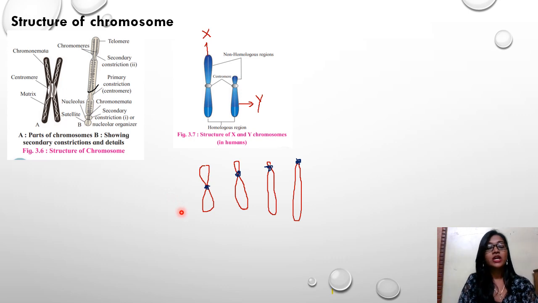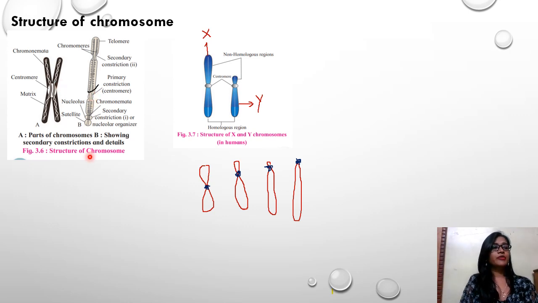Now, the size of the chromosome varies from species to species. In metaphase, the chromosome varies from 0.1 to 33 micrometers in length and 0.2 to 2 micrometers in thickness.